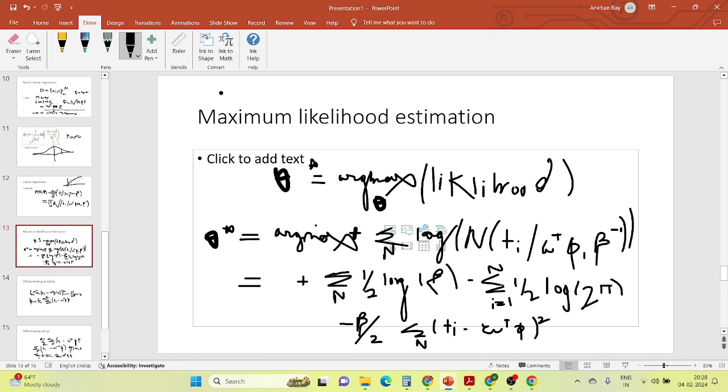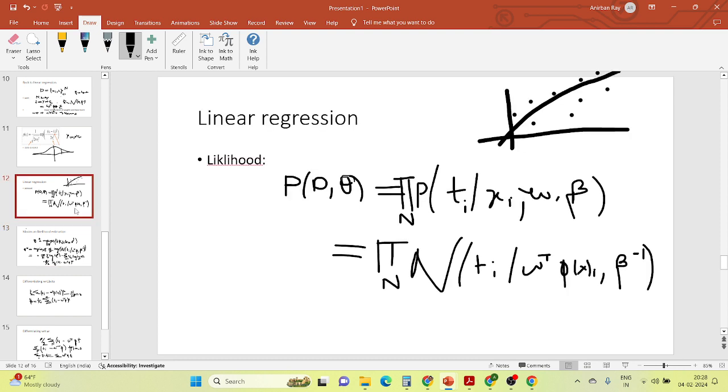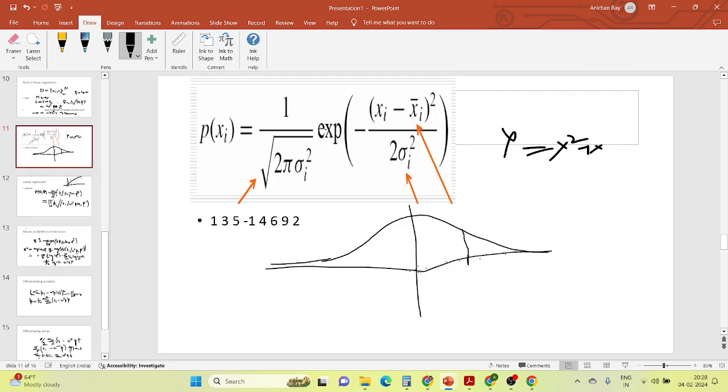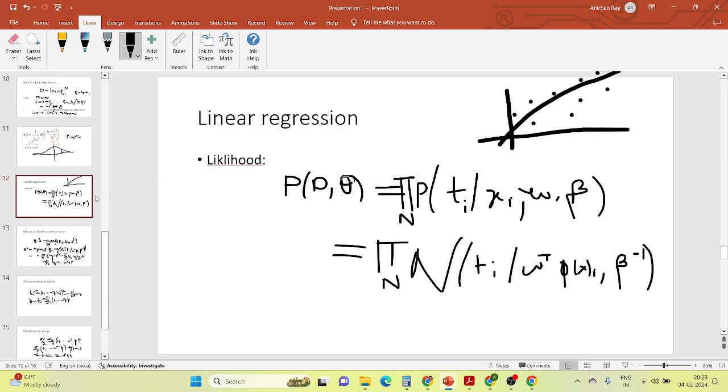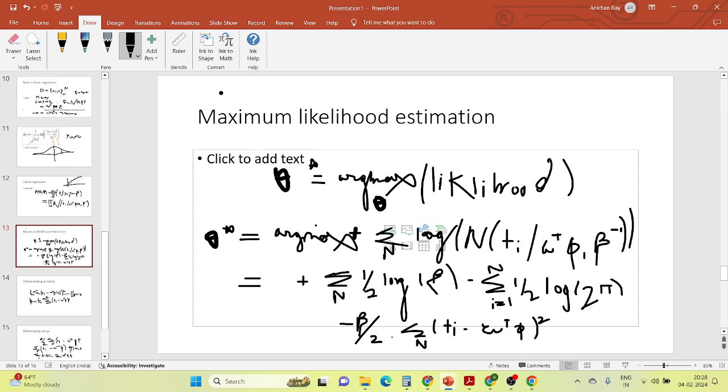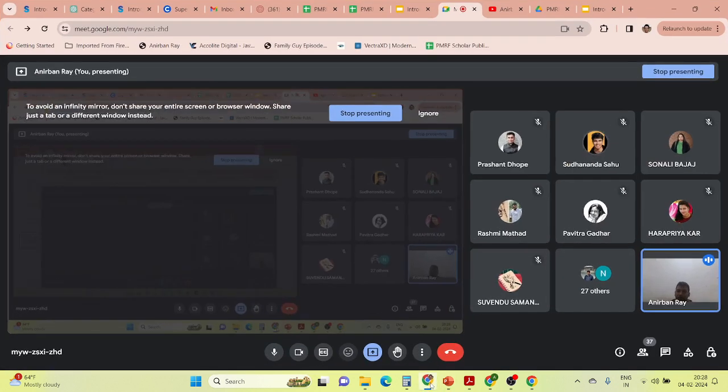The logarithm of the exponential cancels out, and we are left with minus beta by 2. Everything is clear up to now? We have not taken any partial derivative yet, just simplified the expression by taking the logarithm.